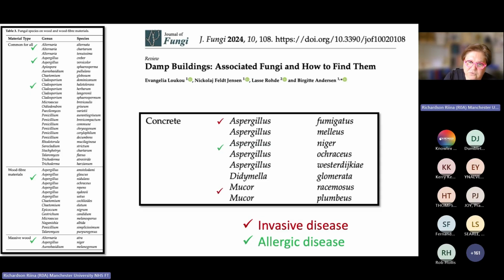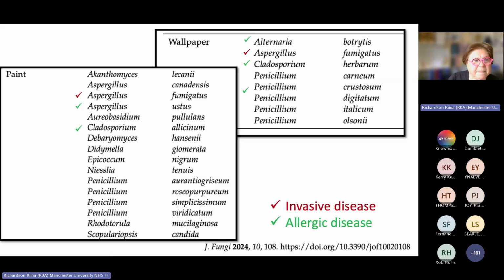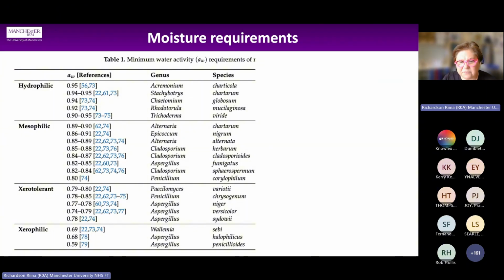But a concrete surface is always dusty. It's impossible to get it dust free, and dust supports the growth of Aspergillus and Mucor and all of these. So we shouldn't have bare, untreated concrete surfaces anywhere in a hospital environment. And again, paint and wallpaper, different. You just go through these papers or the books, but the summary of all this is that they are all different, and it's rare to see Aspergillus in indoor environments.